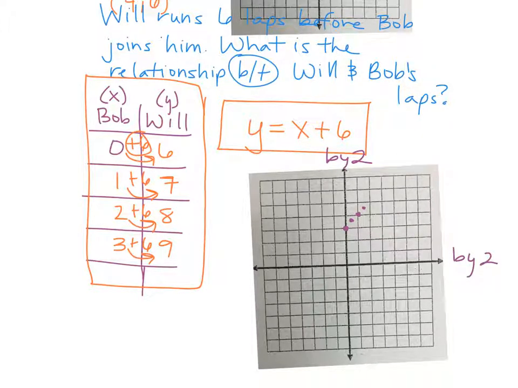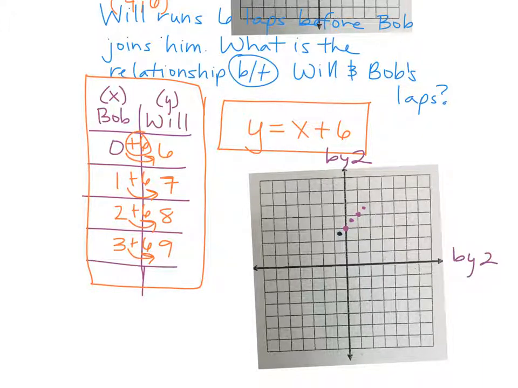Is it possible to have a point back here, this blue? Can you see that blue? Hardly, huh? Is it possible to have a point here? How? Is it possible for Bob to run -1 laps? No. So we're not going to go back that way.